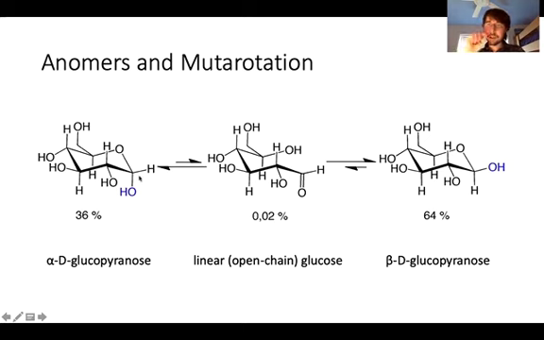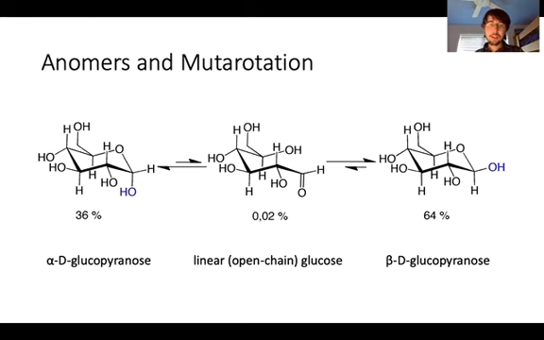But these forms can interconvert very rapidly. And so it's not like one molecule makes a choice that it sticks with for the entire duration of its existence as glucose.